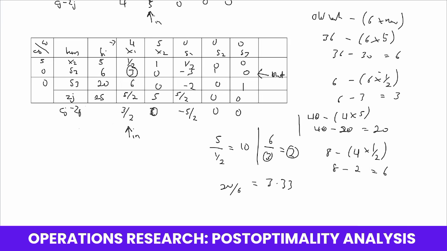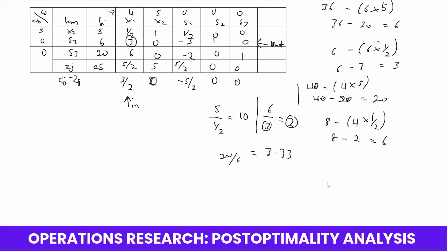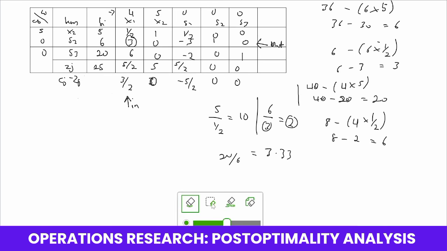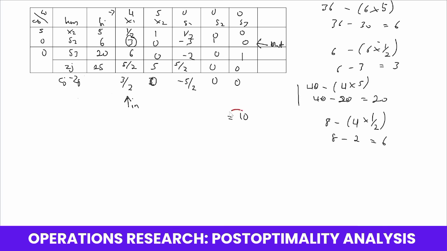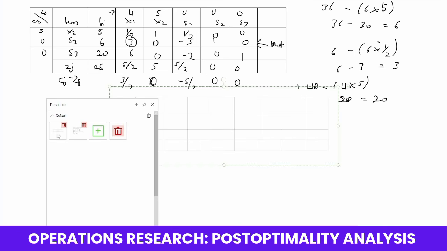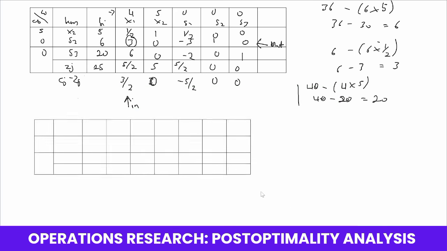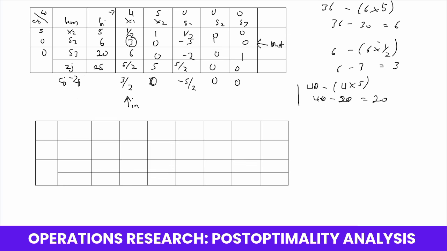So let's go ahead and draw our third tableau. Alright, let me bring my table. So CJ, CB, our basis, BI, X1, X2, S1, S2, and then S3.